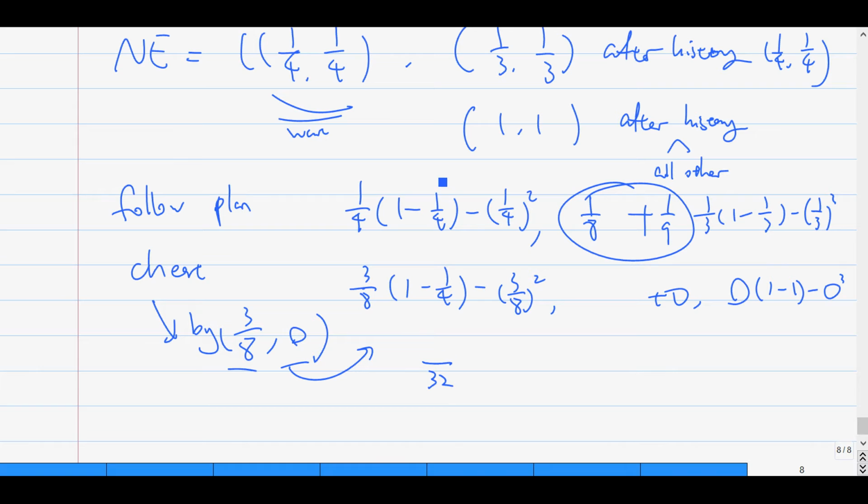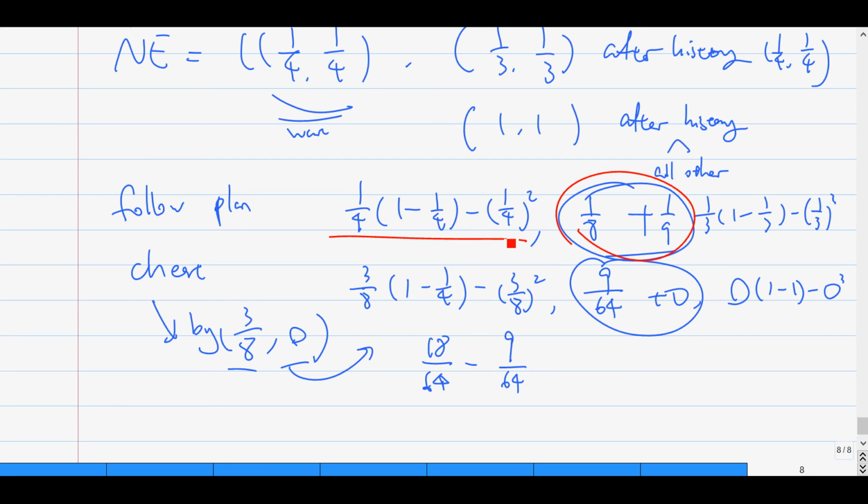So 9 over 64. Comparing this and this, which one is larger? I don't actually know, I think this one is larger, so that's why we will be following the plan. Maybe bring a calculator to calculate stuff like this.